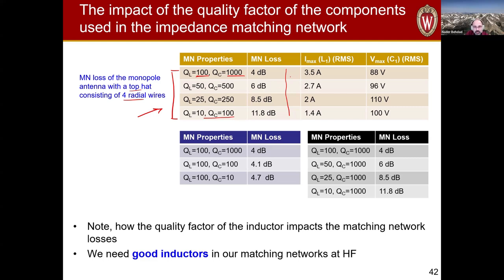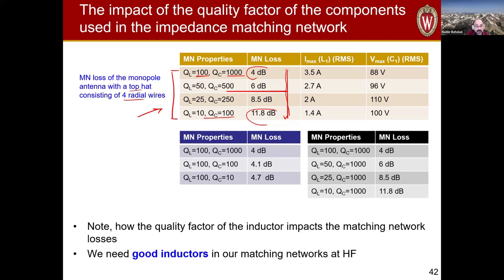Notice how much my impedance matching network losses go up, from 4 dB to about 12 dB or so. So we have approximately 8 dB of gain change in our antenna as a function of the impedance matching network. You can have an antenna that has 8 dB lower gain because of the components that you're using in your impedance matching network.